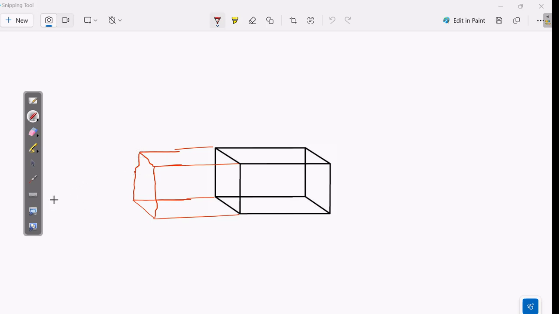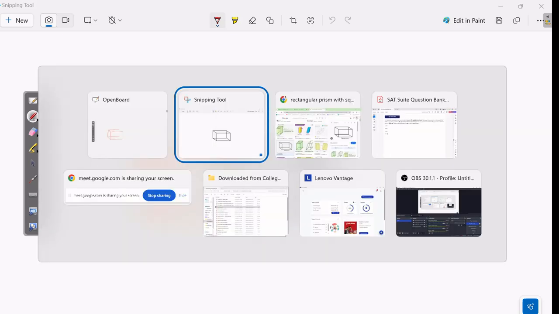So there were two identical rectangular prisms which had square bases and they glued them along the square base.